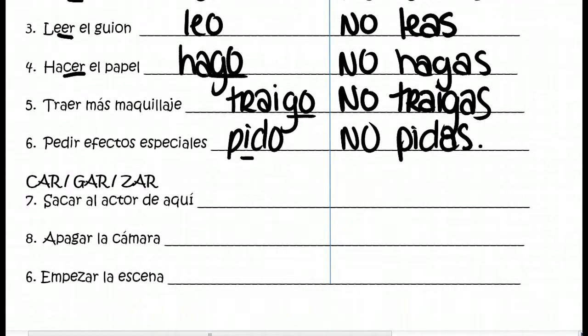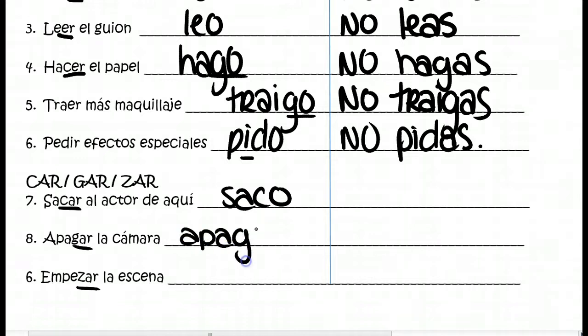Now we do have a couple of irregulars. Our car, gar, and zar verbs, just like with our usted and ustedes commands, need to change to a QU, a GU, or a C in order to maintain the pronunciation. The yo forms are normal: saco, apago, empiezo.